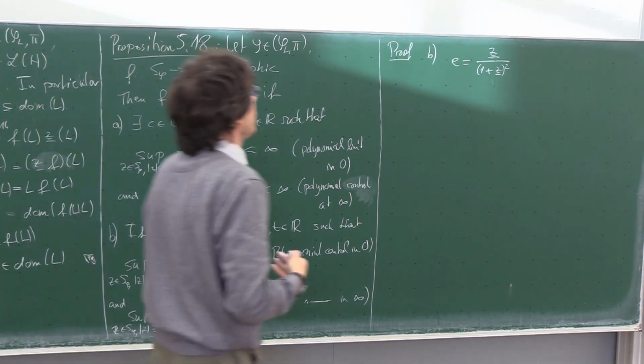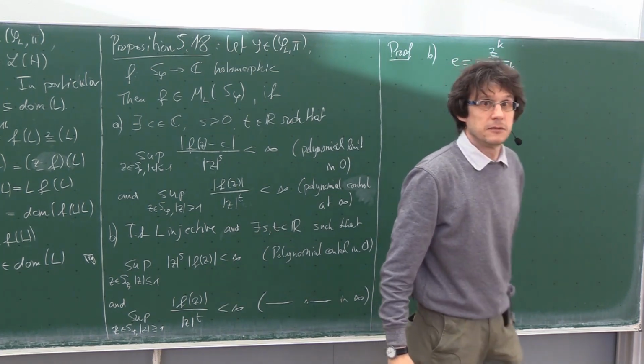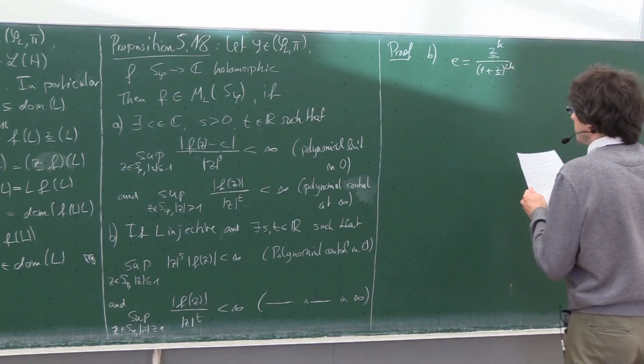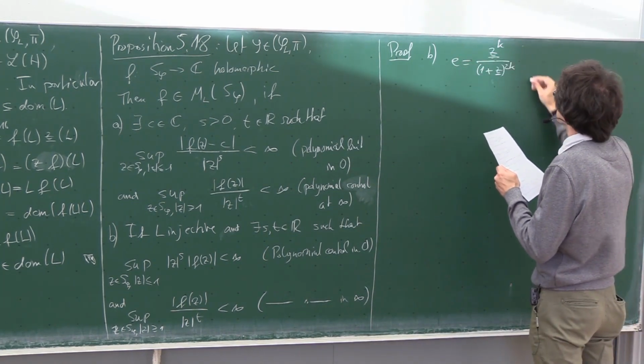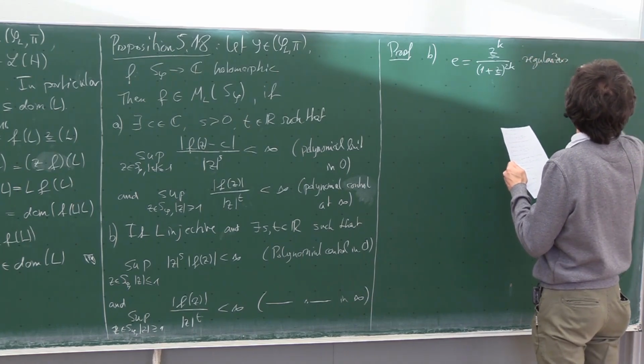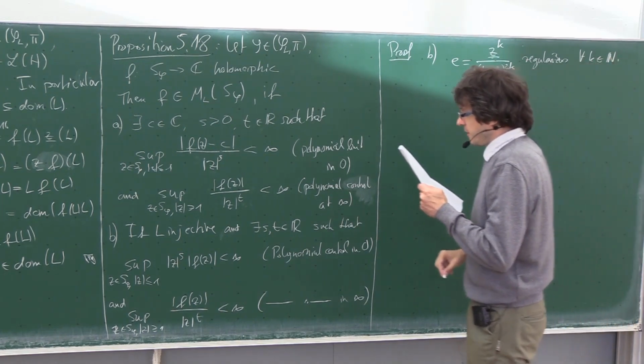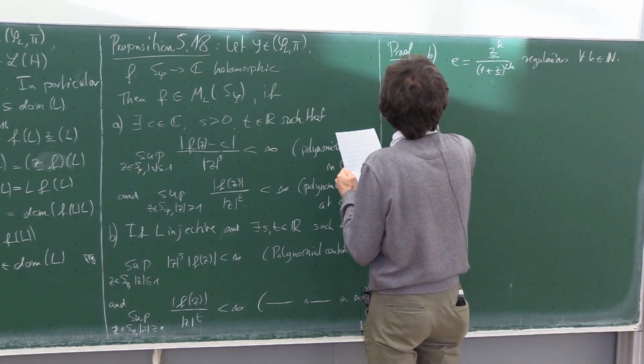So I cannot only take this one, I can even take any power of it. So we take suitable powers of it, and all powers of these functions are regularizers for all k and n. And now this helps us.